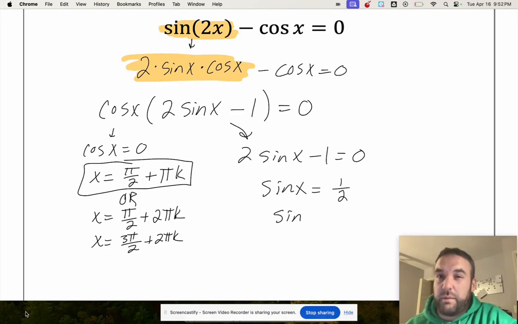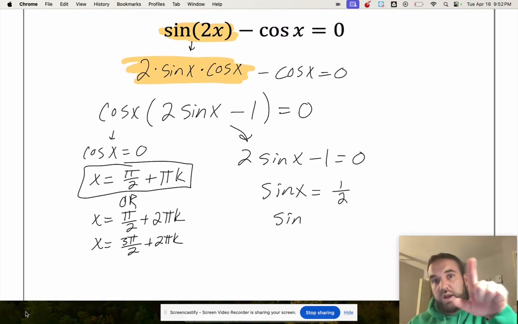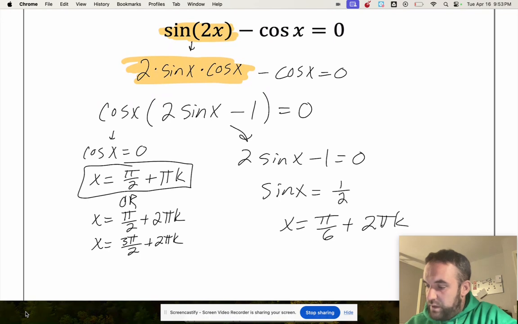They're not symmetric about the origin. They're not an equal distance away from each other in both directions around the unit circle. So I do have to list both solutions individually. So I do say this is equal to pi over 6 plus 2 pi k, as well as 5 pi over 6 plus 2 pi k.